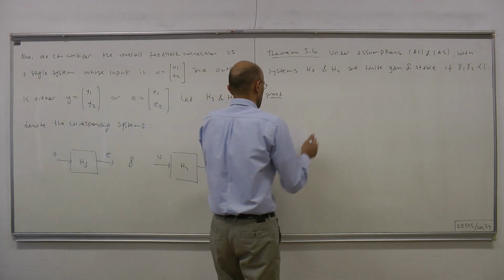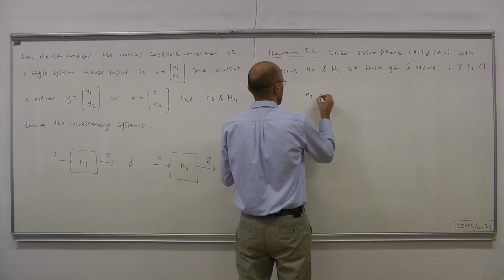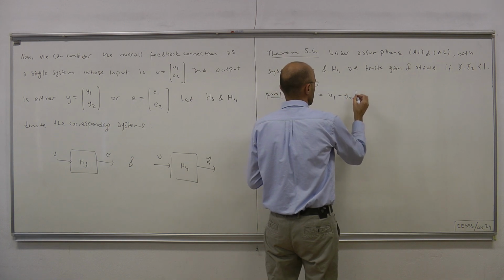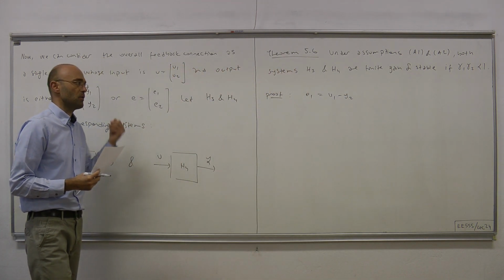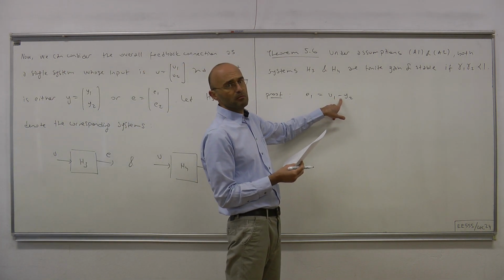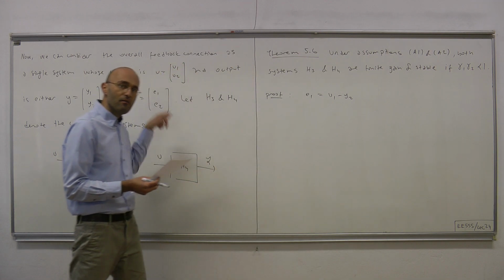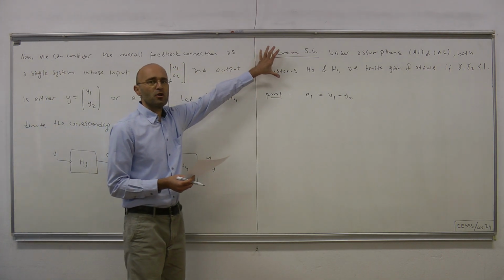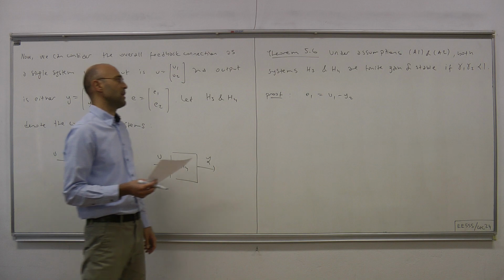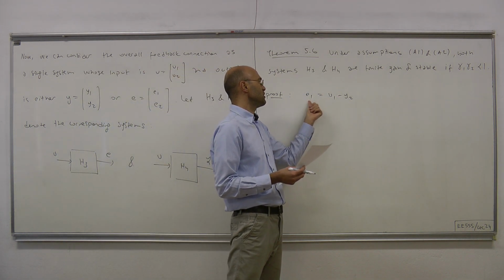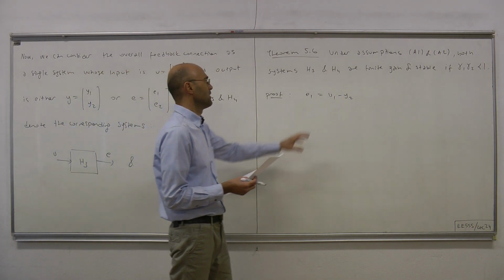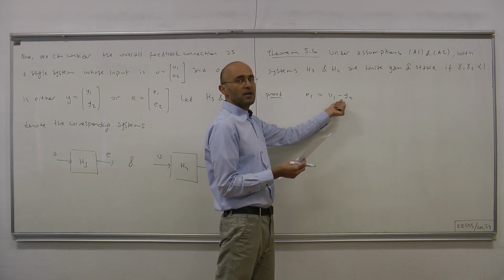Okay. So we begin by writing how E1 is defined. E1 is U1 minus the output of the second subsystem. So that's from the feedback connection. And by the way, this is minus because conventionally we have negative feedback. But as far as this theorem is concerned, the sign of feedback is not really important. It could either be minus or plus. Likewise, for the other connection, we have plus. E2 is U2 plus Y1. And you can replace a plus with a minus.